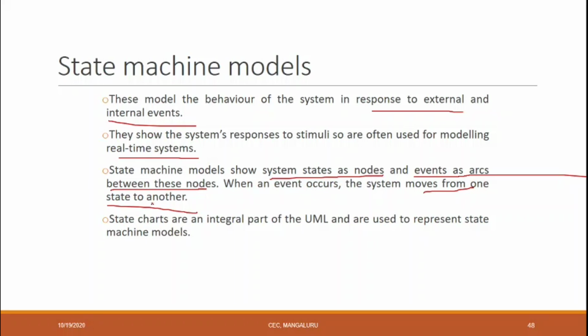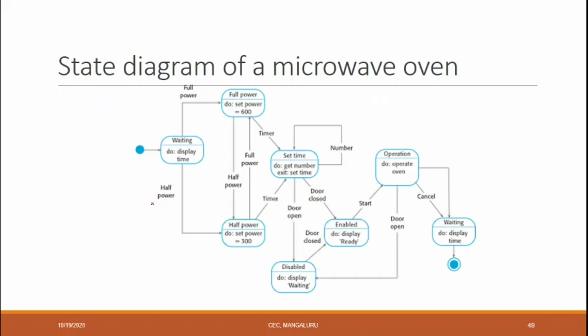State charts are an integral part of the UML, that is Unified Modeling Language, and are used to represent state machine models. So you can see this is the state diagram for the microwave oven. This is the initial state, and this is the end state of the state diagram.